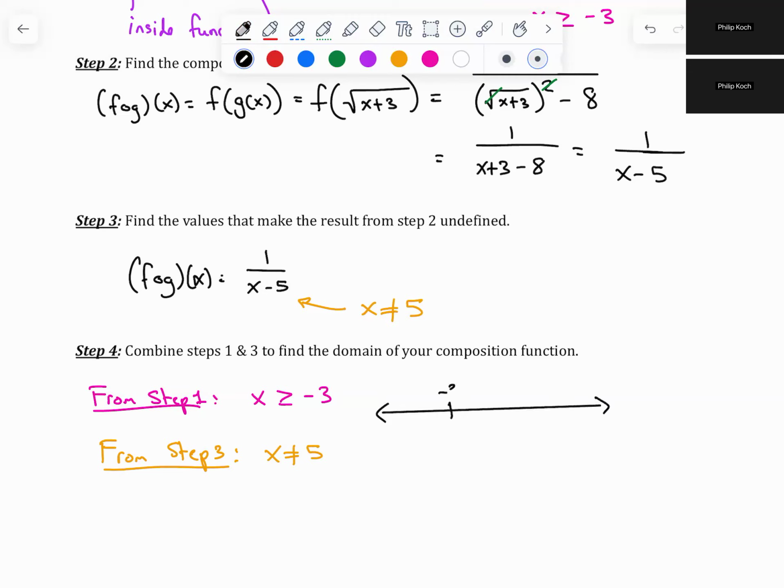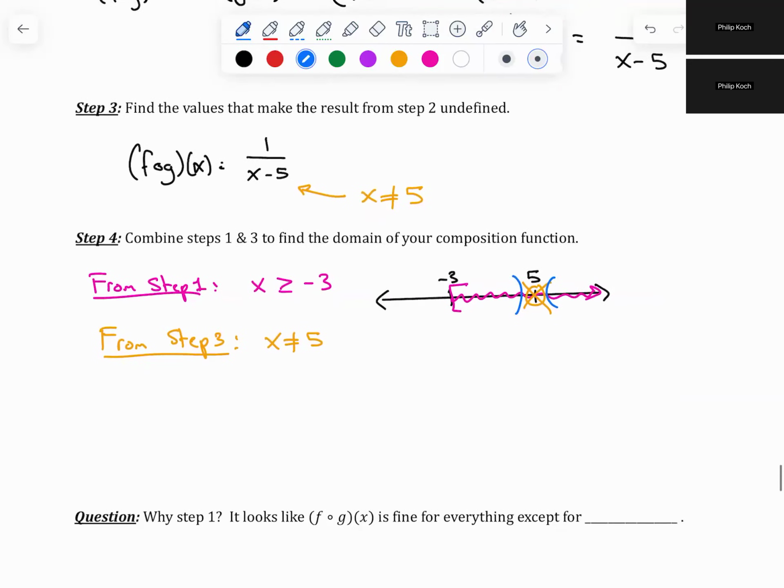Here's -3, here's 5. The pink says everything to the right of -3, but the orange says that 5 has to be plucked out. So we just get 2 pieces of intervals. The domain is equal to bracket -3 to 5 parenthesis union parenthesis 5 to infinity.